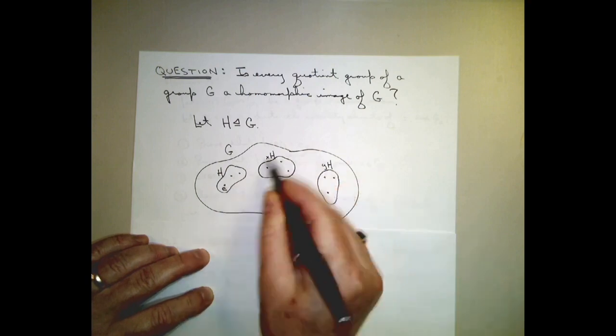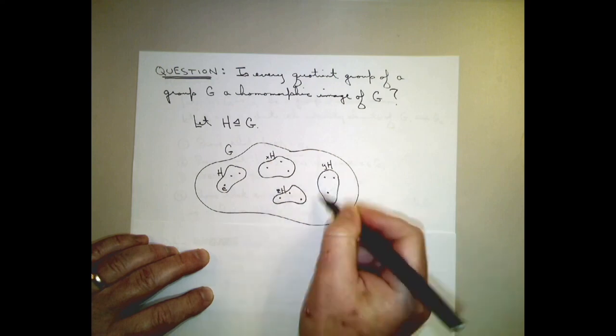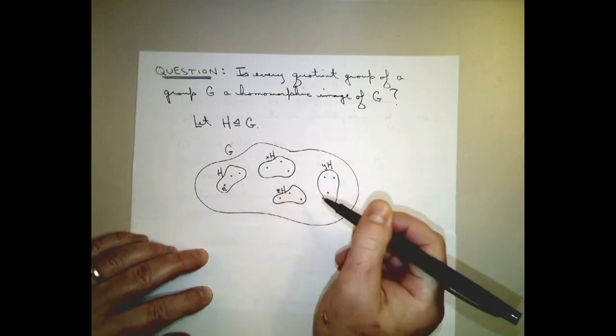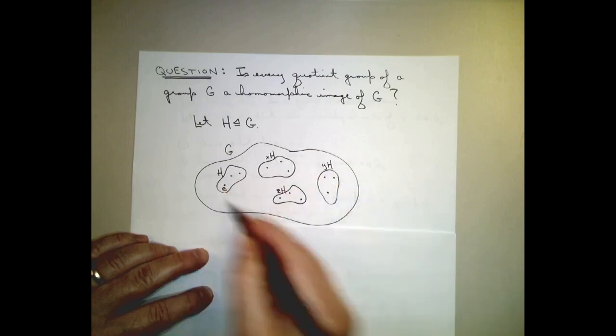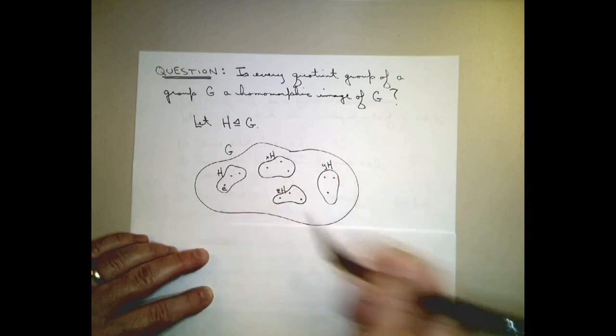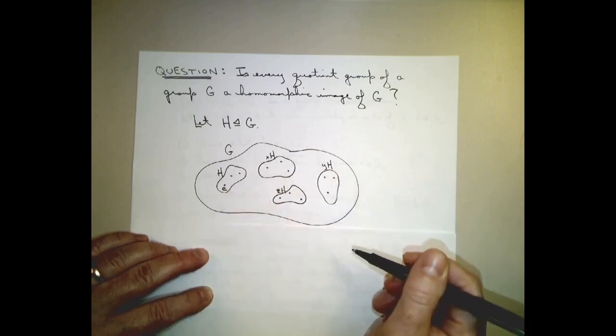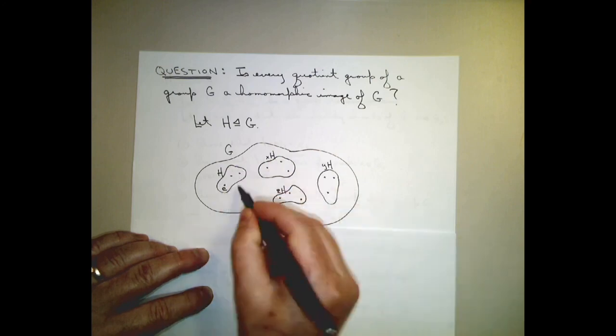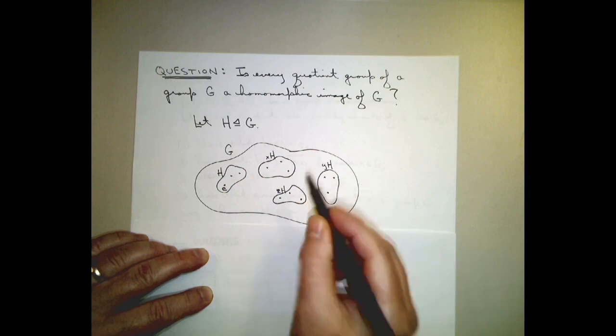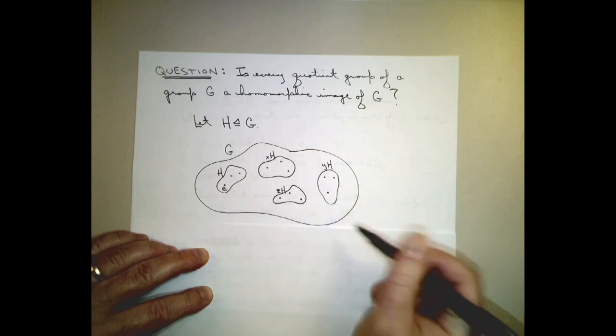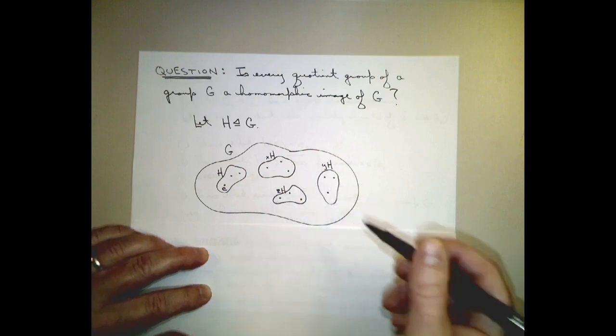And I can partition the rest of G up into cosets of H. Since H was normal, this collection of cosets forms a group. If I'm focusing on the cosets as my elements now, that would be my quotient group of G.